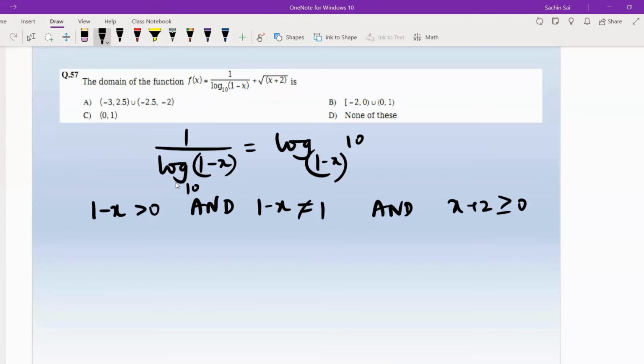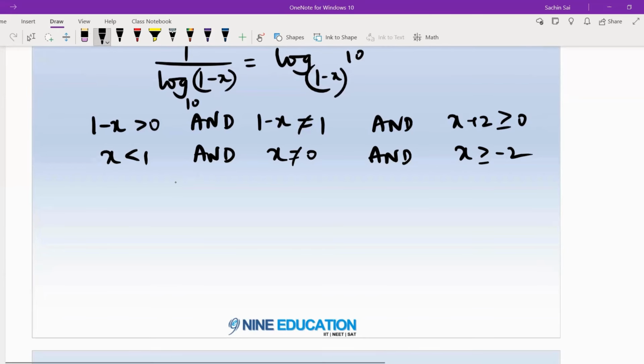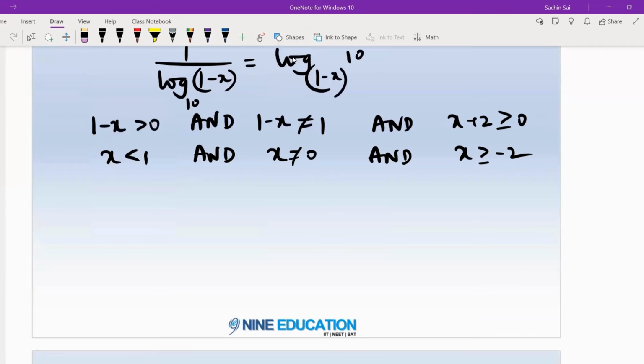Because you have square root of x plus 2. So x plus 2 must be non-negative. So if I solve the first condition, I get x less than 1. The second condition is x is not equal to 0. And the third condition is x greater than or equal to -2. So we have three different conditions here for the function to be defined. To find the domain, you have to take the intersection of all three conditions.